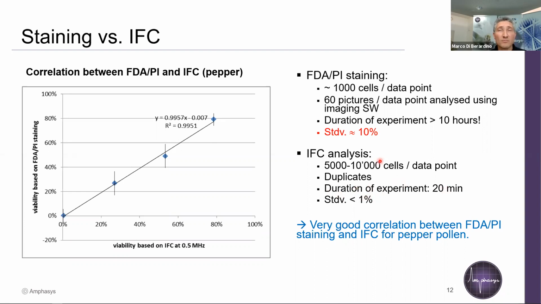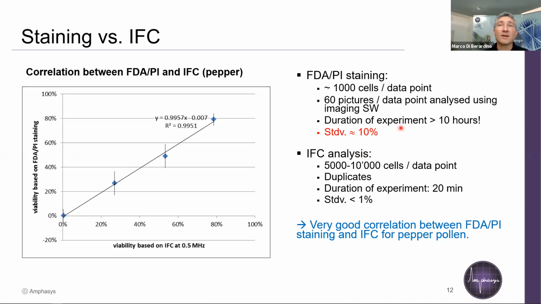What was most surprising was the fact that even though we counted 1,000 cells per data point, we still got a standard deviation of around 10%, which we didn't expect, as I have shown in the former slide. So we were expecting a little bit smaller.